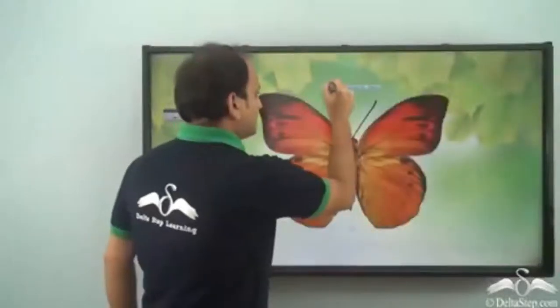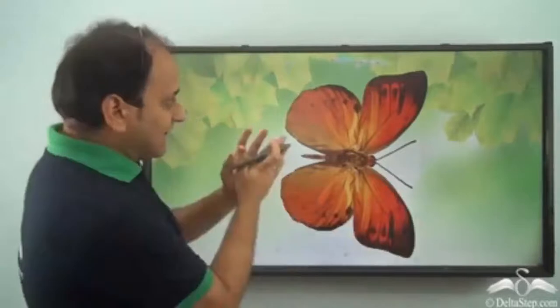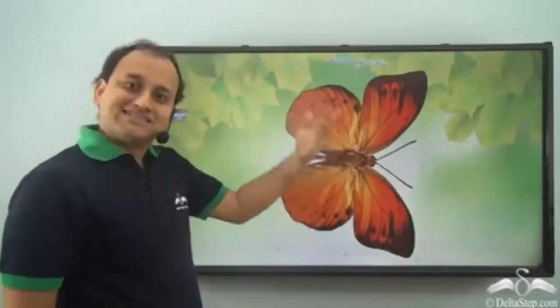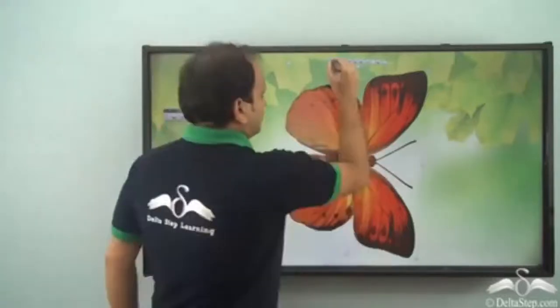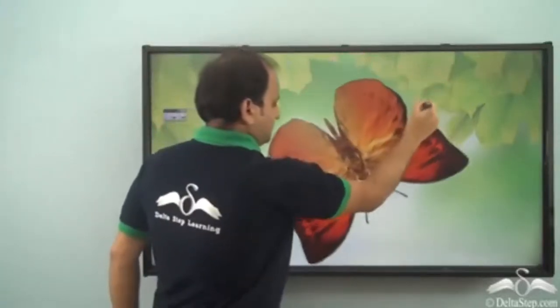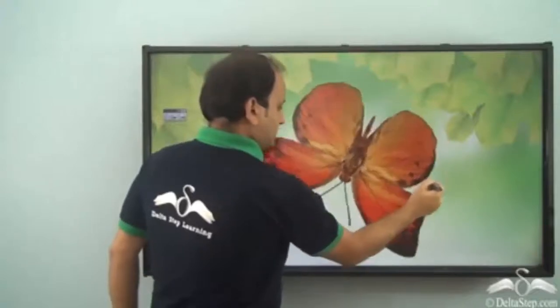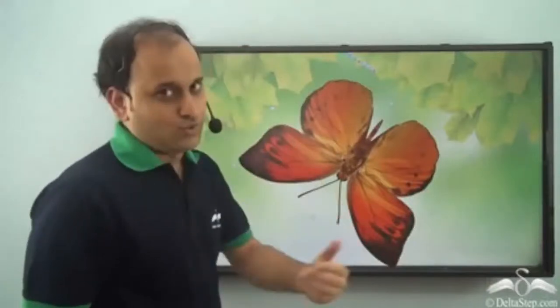So let's try. So I've rotated it at a particular angle. Now, does it look the same as its initial position? It doesn't. Now, does it look like its initial position? No, it doesn't.